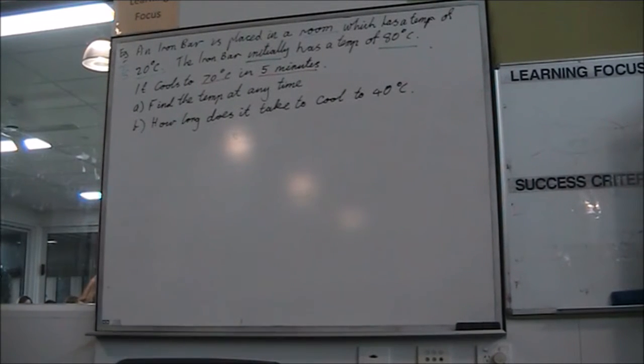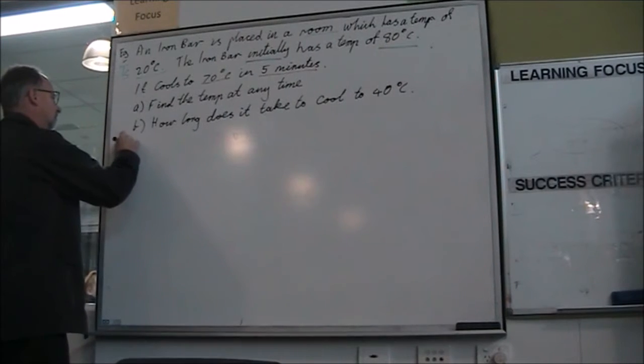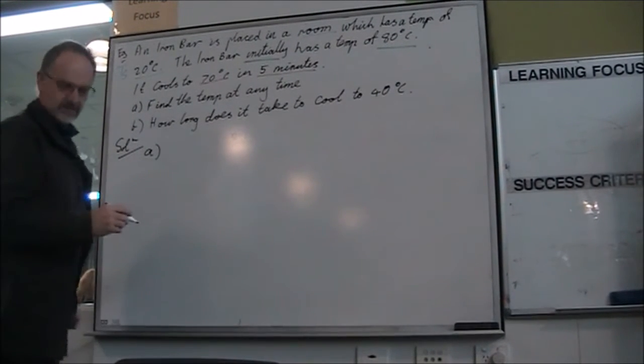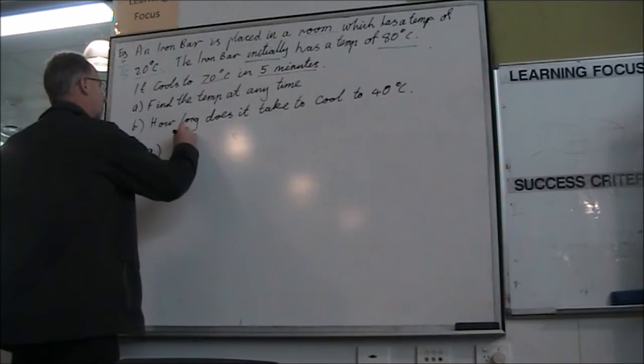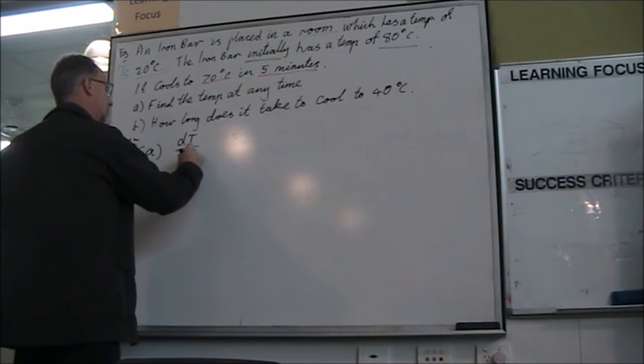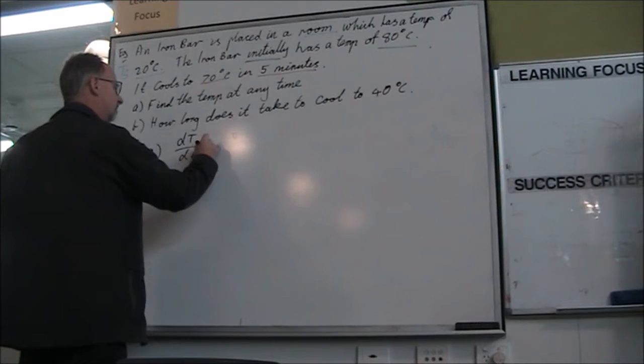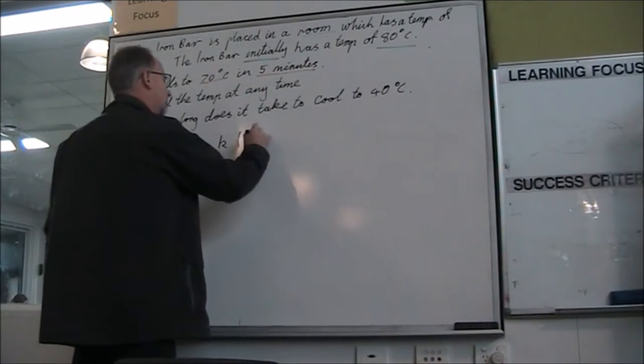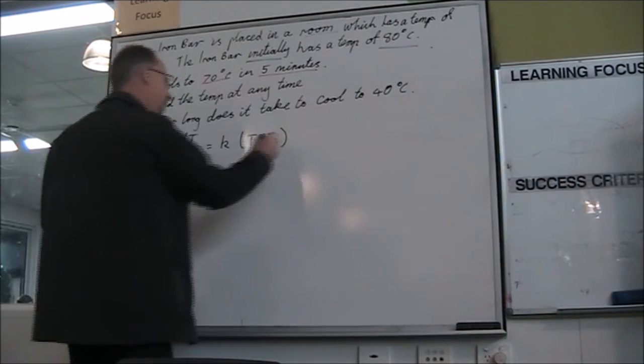All right, so if it's a cooling thing, we're using Newton's law of cooling. So that means that the temperature dT/dt, temperature d time, is equal to k(T minus Ts).